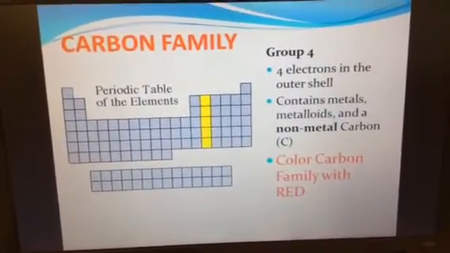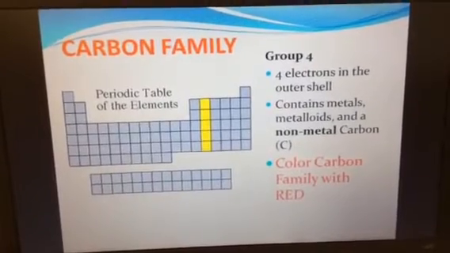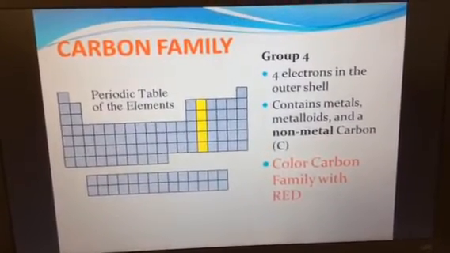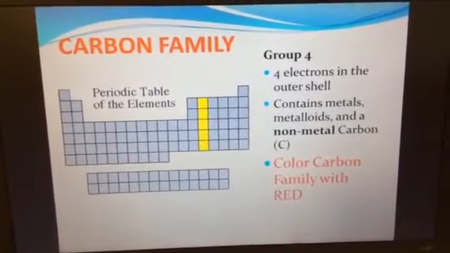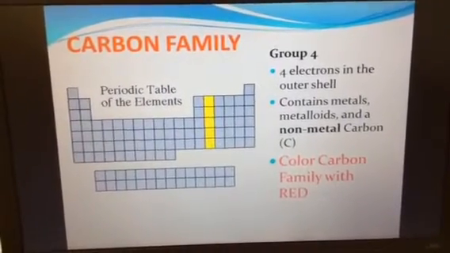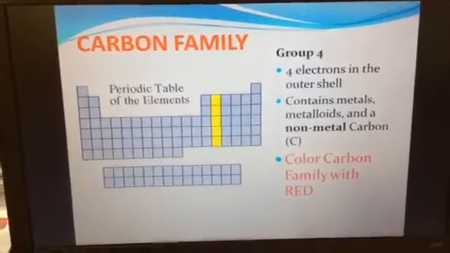Your next group is the carbon family. This is group 4. There are 4 electrons in the outer shell, since it is group 4. You will color the carbon family red.